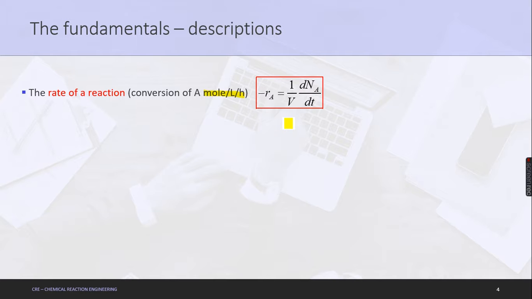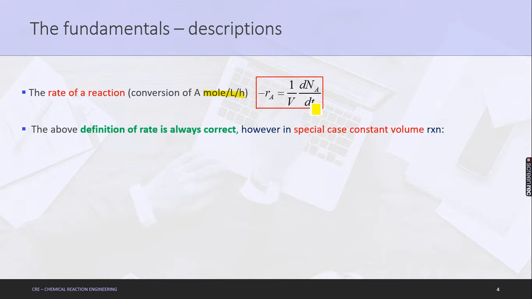So whenever you are writing any rate equation, it is actually r_A = (1/V) dN_A/dt. This definition is always valid and always correct, because N_A is the number of moles changing with time, in mole or gram, an absolute amount, and V is the volume. At the time you are calculating the rate, you need to consider what the change is and what the volume is.